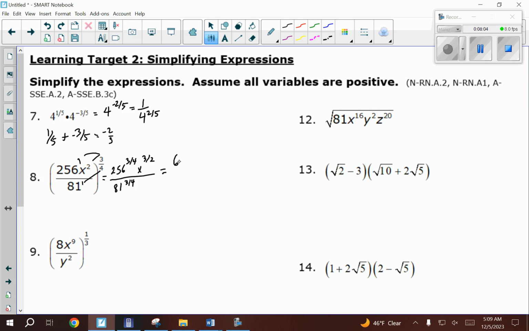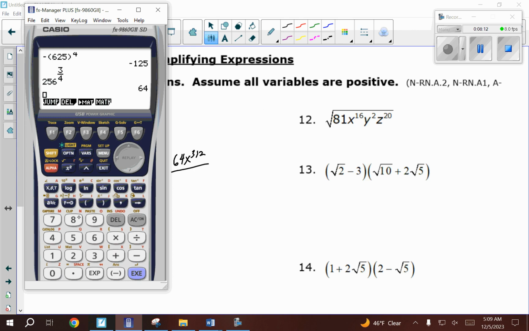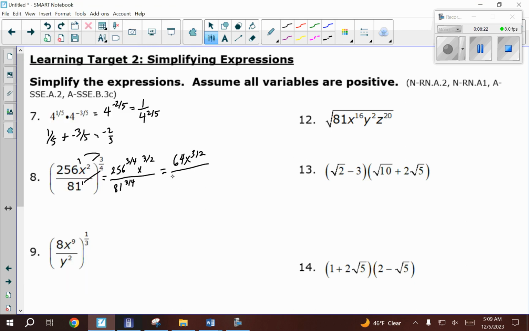So on top we have 64, x to the 3/2. And then on the bottom, if I do 81 to the 3/4, that's nice because it gives 27. 64 over 27 does not reduce. So that's going to be our final answer.